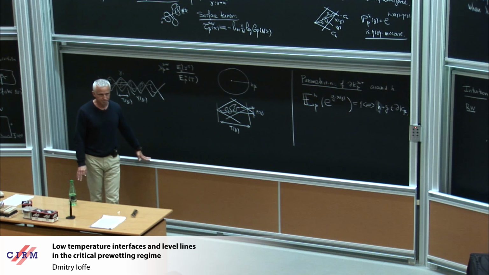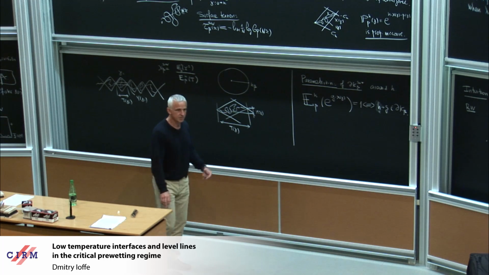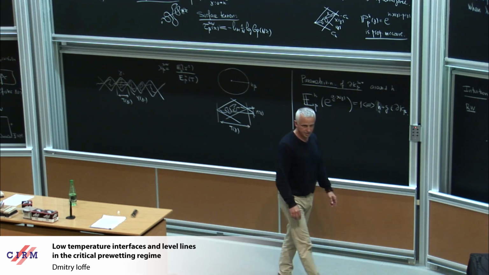So this renewal structure, this geometry, explains your reduction to the simple random walk case.